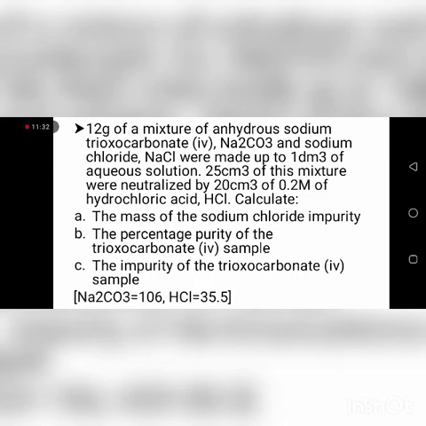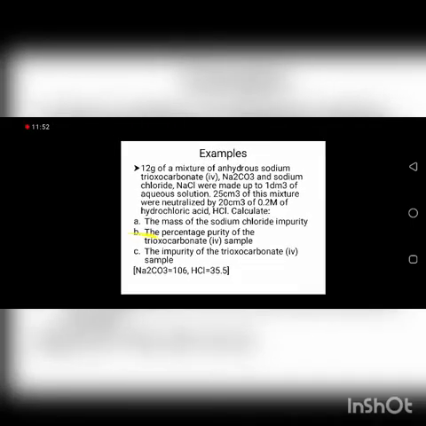Now we have to calculate the mass of the sodium chloride impurity, the percentage purity of the sodium carbonate salt, and the impurity of the sodium carbonate sample. And we are given that the molar mass of sodium carbonate is 106, while that of hydrochloric acid is 35.5.